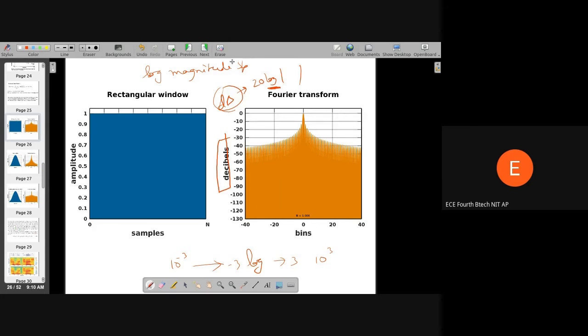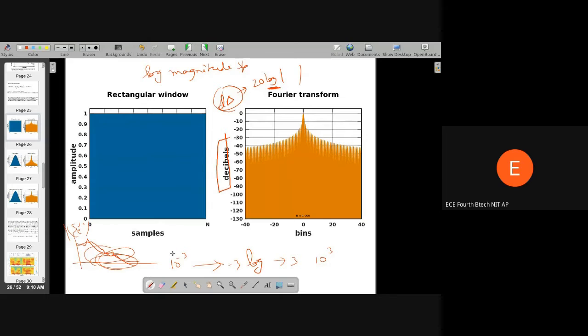What happens in speech for voiced sounds, for example, the formants, which we'll discuss today, the vocal tract resonances, are very strong in the low frequency. So the entire spectrum, if you simply take the magnitude of X(e^{jω}), you do not see properly what is happening in the higher frequency region.